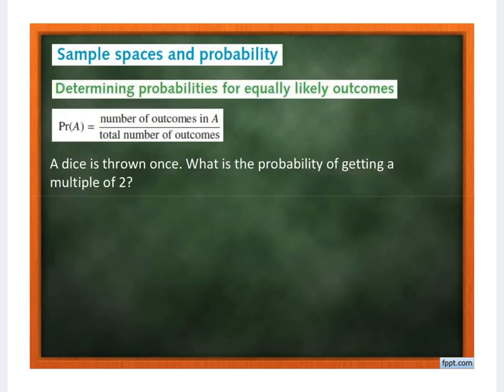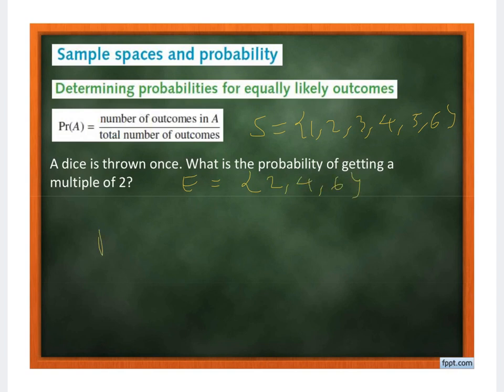Determining probabilities for equally likely outcomes. For example, a die is thrown once. What is the probability of getting a multiple of 2? The sample space for a die is 1, 2, 3, 4, 5, 6, and the event, multiple of 2, is 2, 4, and 6.